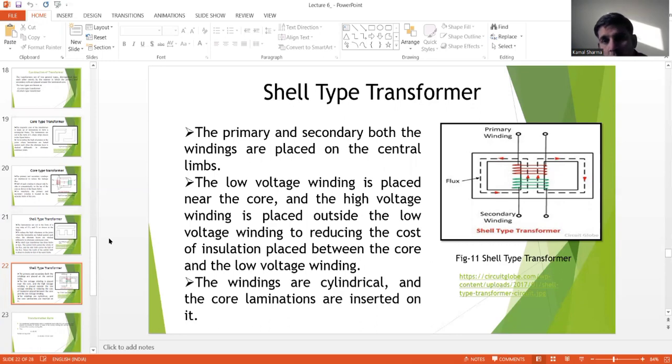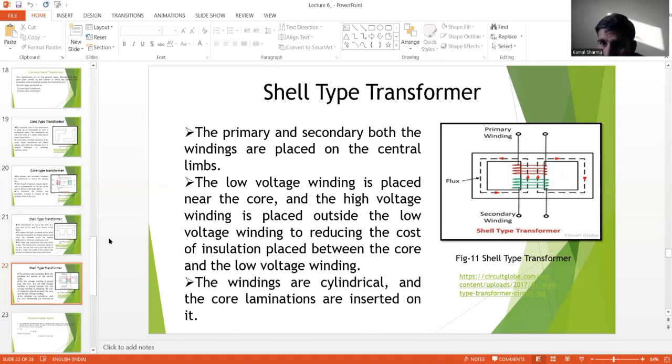The low voltage winding is placed near the core and the high voltage winding is placed outside the low voltage winding. The objective is that the laminations can be inserted, and it also reduces the insulation cost.